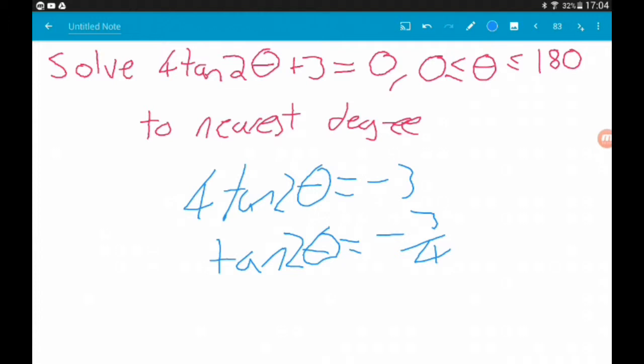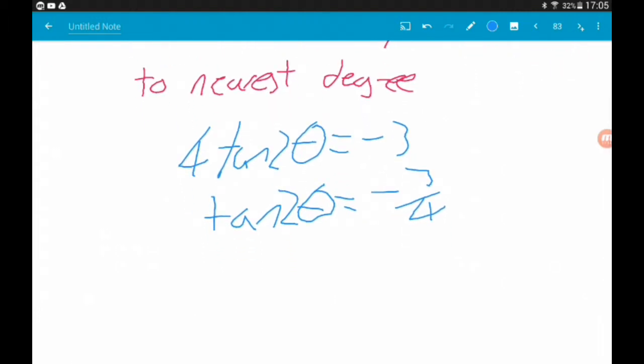Now, the next thing we're going to want to do is change the interval. We've got theta between 0 and 180 degrees. In our function now, we've got 2 theta, so we're going to multiply the interval by 2. We get 0 is less than or equal to 2 theta, which is less than or equal to 360.